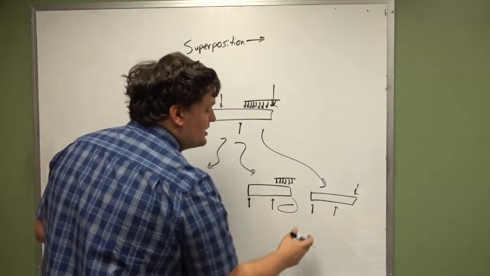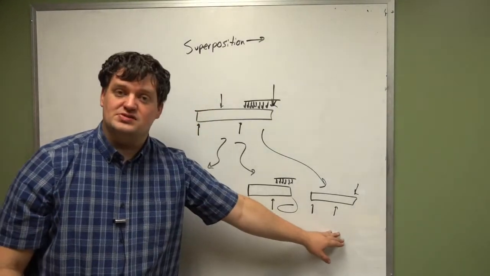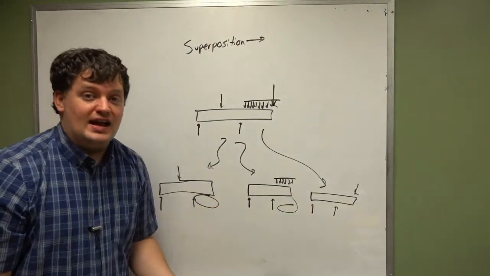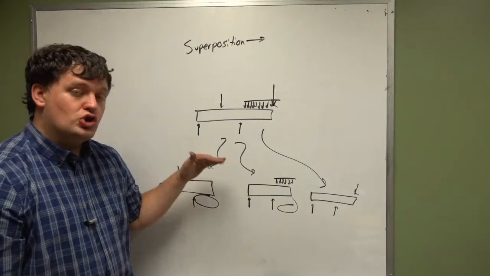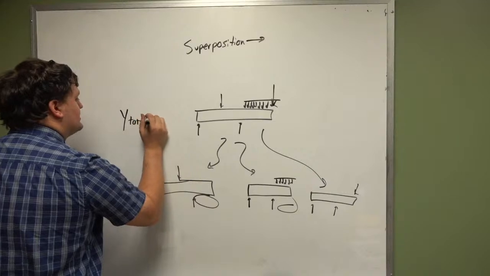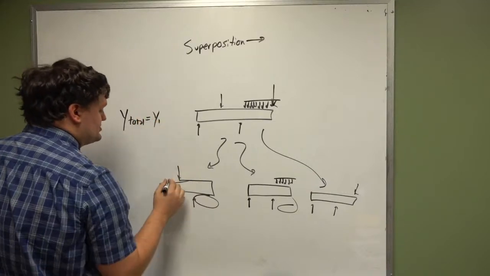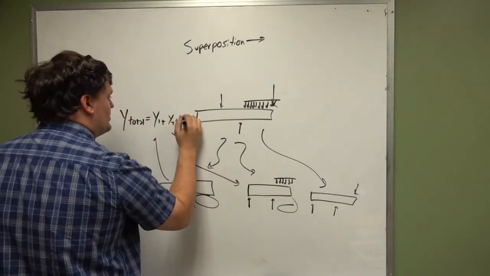So we take these three equations that we can find online, the equations for deformation for these three, and add them together, and what we get is the total deformation. So y total is equal to y1, which is this one, plus y2, which is that one, plus y3.